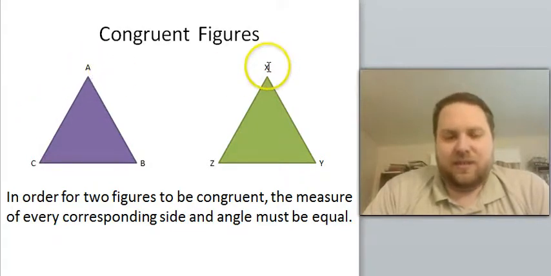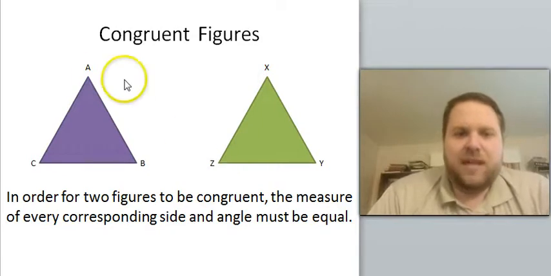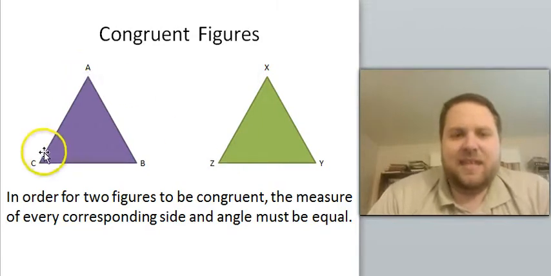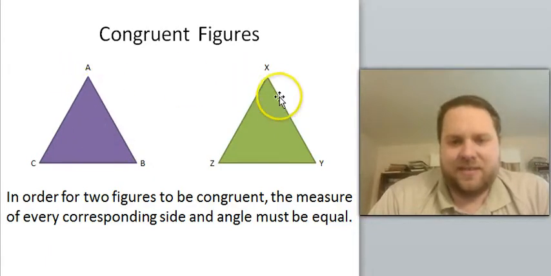A is like X on the other one, B is like Y on this one, C is like Z, etc. So if they're going to be congruent, what has to happen is that AC has to exactly match XZ. AB has to exactly match XY. Angle A has to exactly match angle X, and so on and so forth.